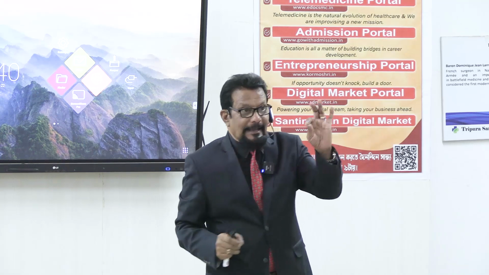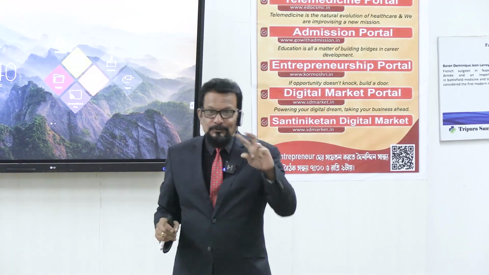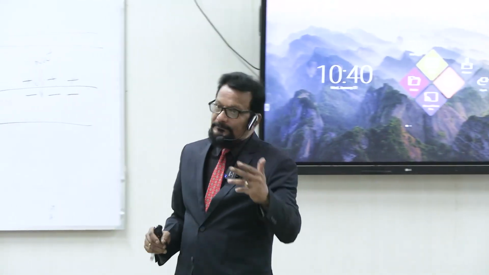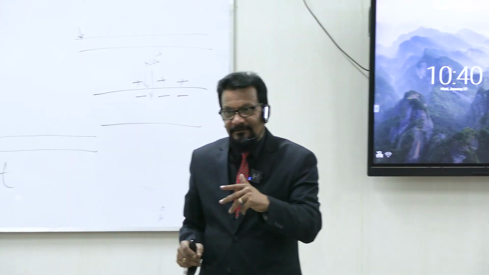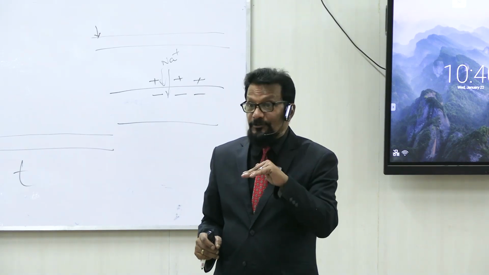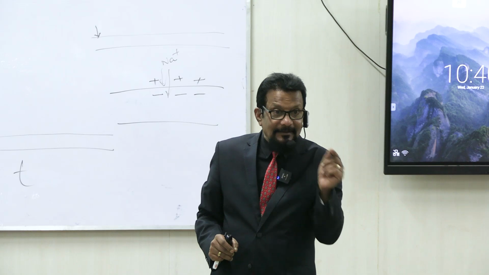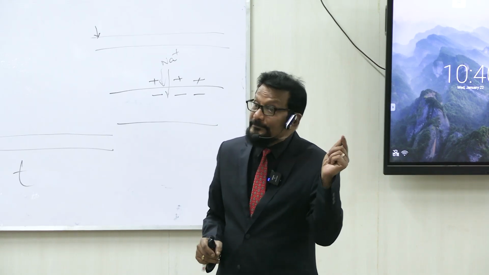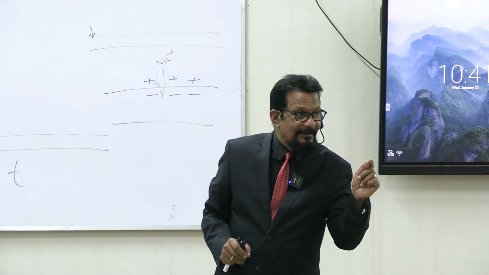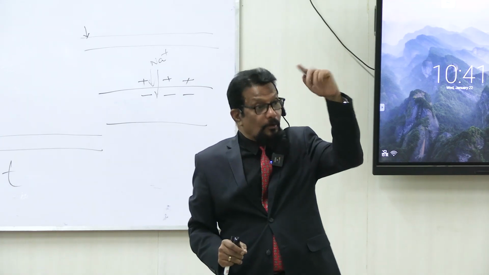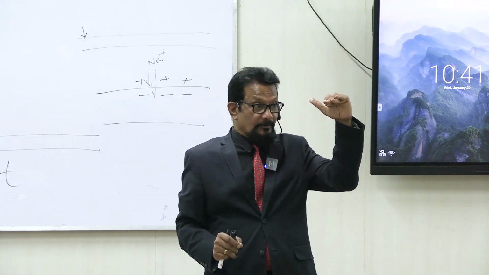So if we apply a stimulus to a nerve fiber, two types of potential will be generated. One, graded potential, for a subthreshold stimulus, and another is action potential. And the stimulus must be capable of producing a potential of at least up to minus 55 millivolt.